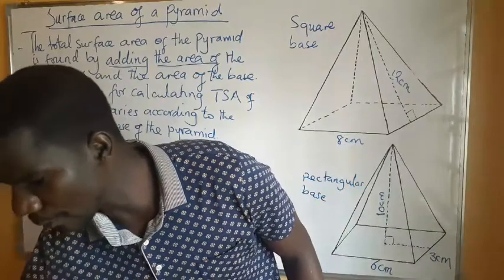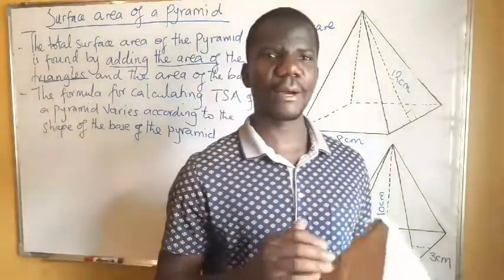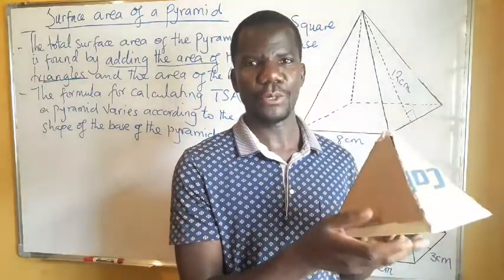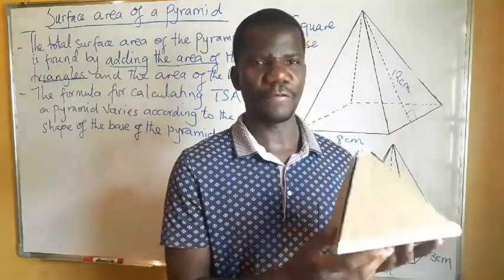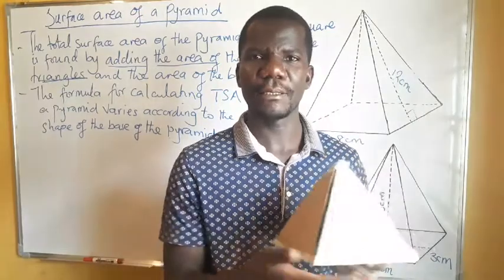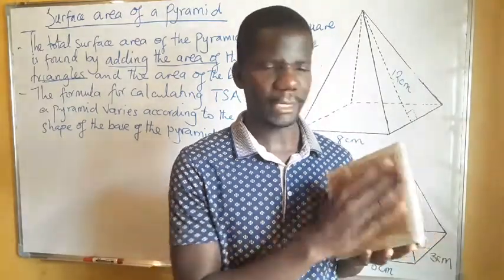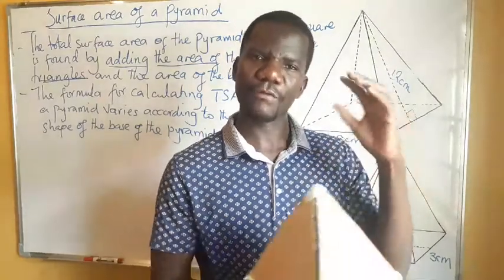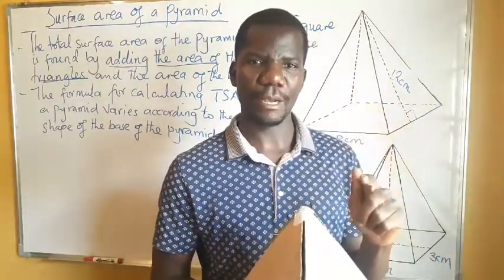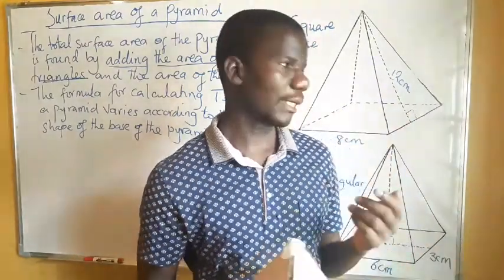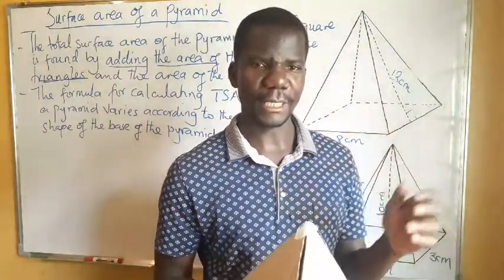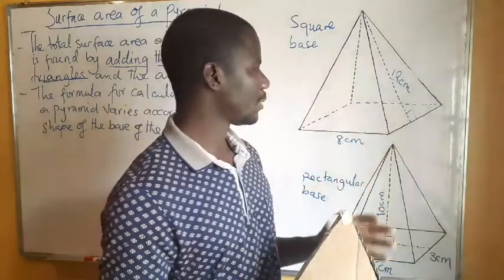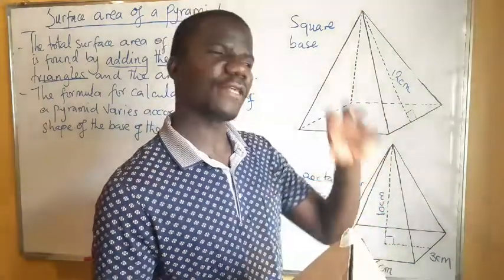But for the first one, all the triangles here are equal. So all of them, the 4 of them, why? The base is squared here. So even our triangles are equal. So once we find the area of one triangle, we can multiply by 4 to get the total surface area of these triangles.